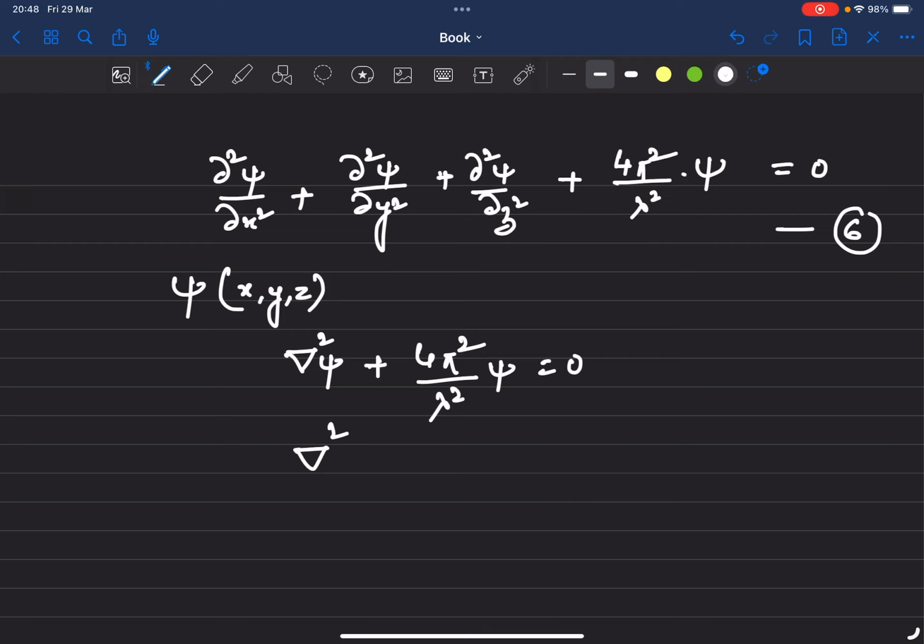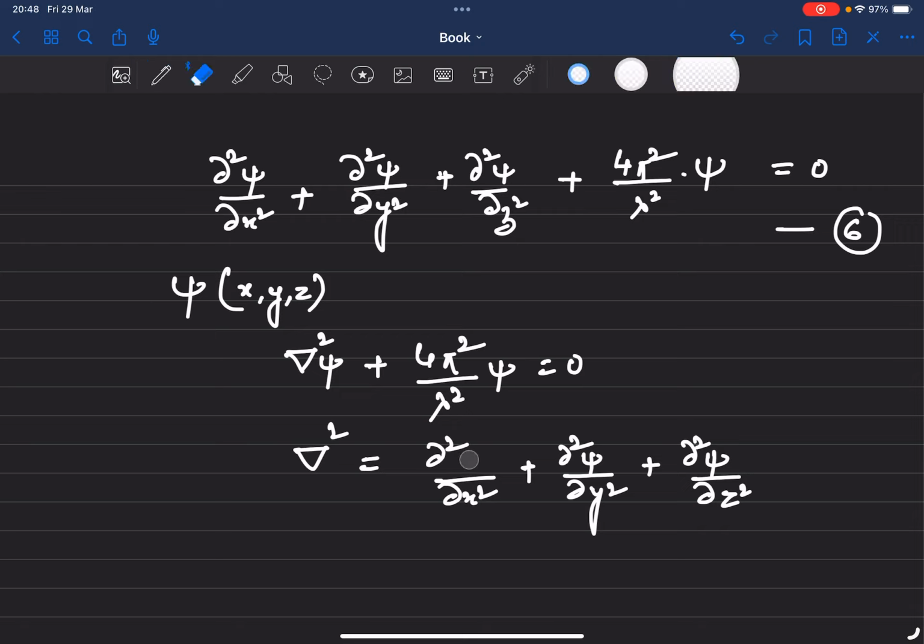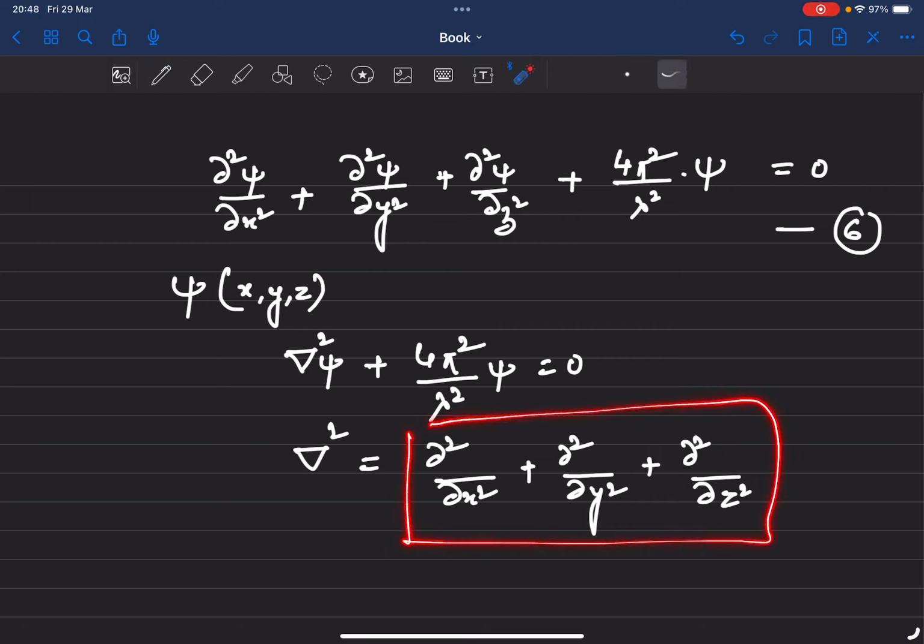Del square refers to ∂²/∂x² plus ∂²/∂y² plus ∂²/∂z². Okay, but here we have to remove ψ because ψ is actually the function. So the operator is only this part.